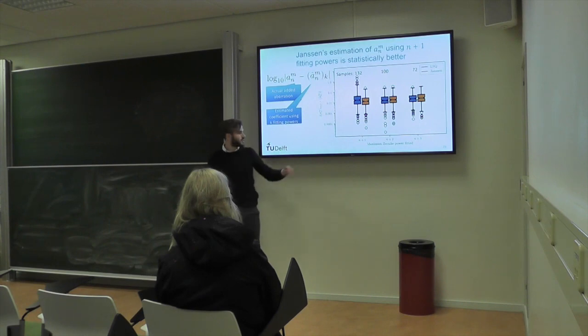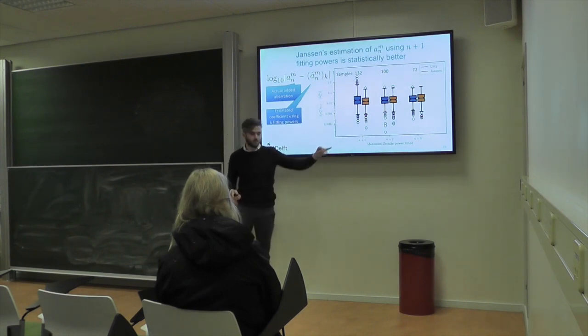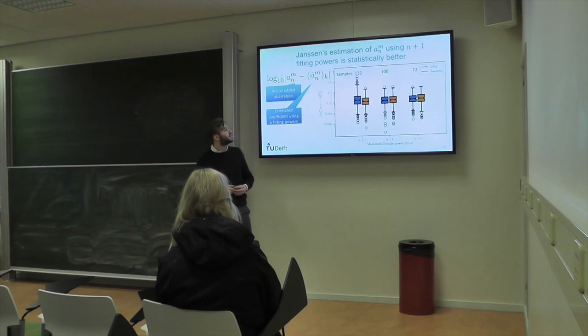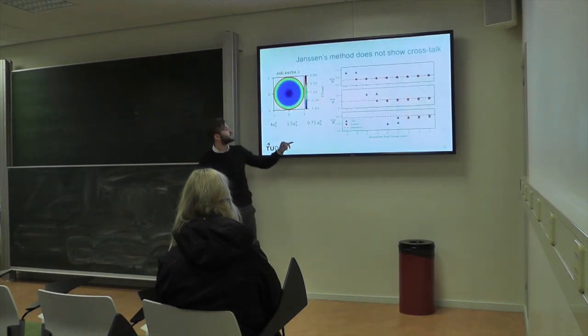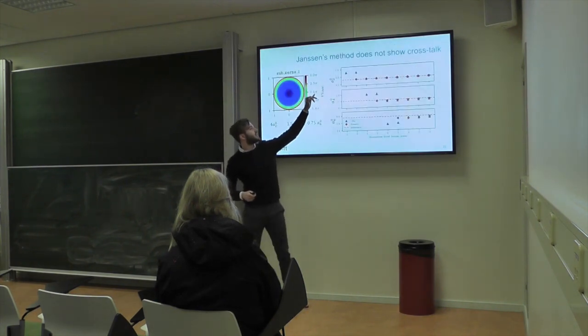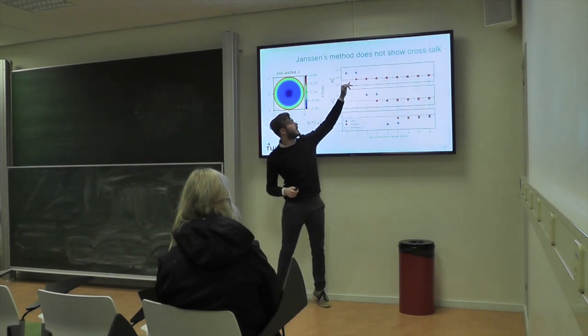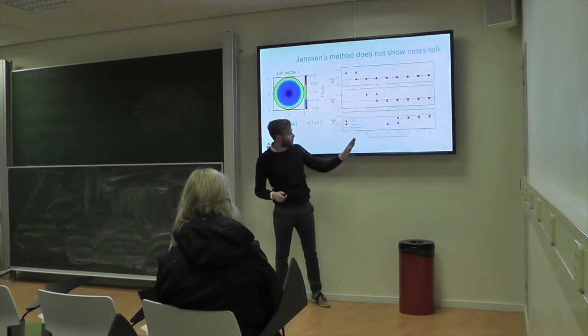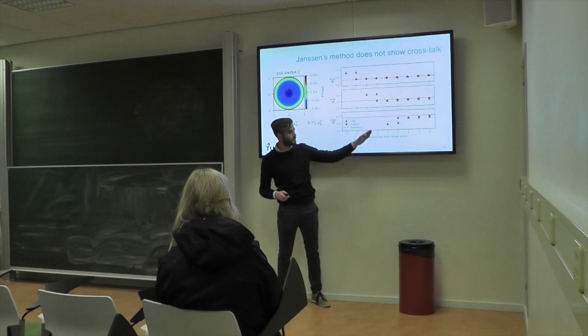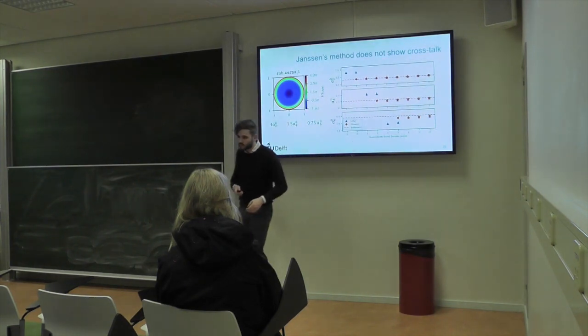And these fitting powers, I've used n plus 1, n plus 2, and n plus 3 fitting powers. And so that means, if we go back one slide, that I've looked at the difference between the reference value and the defocus coefficient, for instance, for using 3, 4, and 5 fitting powers.